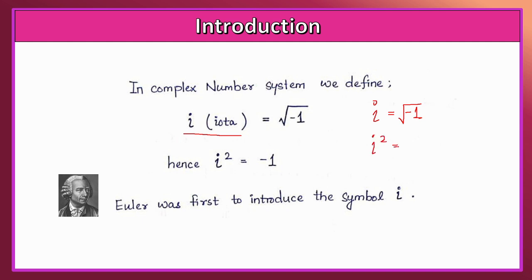If you square it, root over of minus 1 whole square, which is equal to minus 1. So i square equal to minus 1. Euler was the first to introduce the symbol i or iota. So we define the complex number root of minus 1 as i.